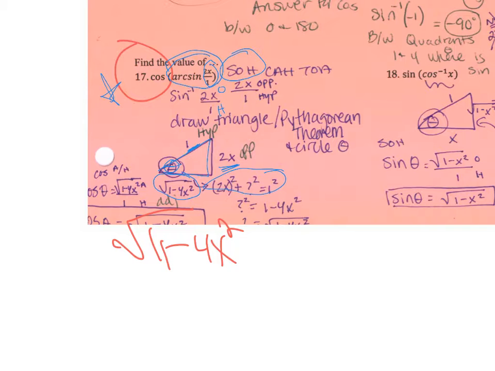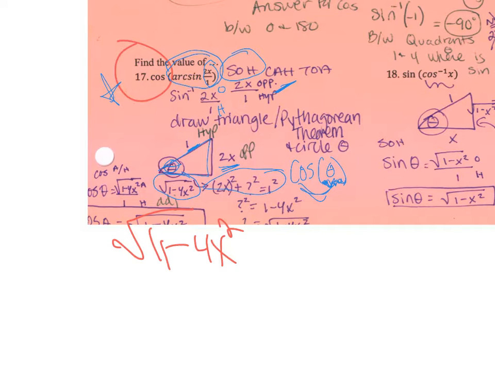Now we're going to work on the outside. It says, what is the cos of theta? We created the triangle so that we could have our theta and so that we could use that as a reference for all the different ratios. So now we're saying, what is the cos of theta? Now cos is adjacent over hypotenuse.